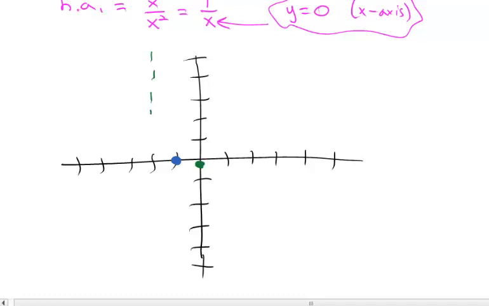Let's do it in the right color. -2 and 3. And the horizontal asymptote is at 0. And notice we went through the point at 0. That's okay because it happened in the middle. Remember, horizontal asymptotes only really care about what happens at the ends, not the middle.